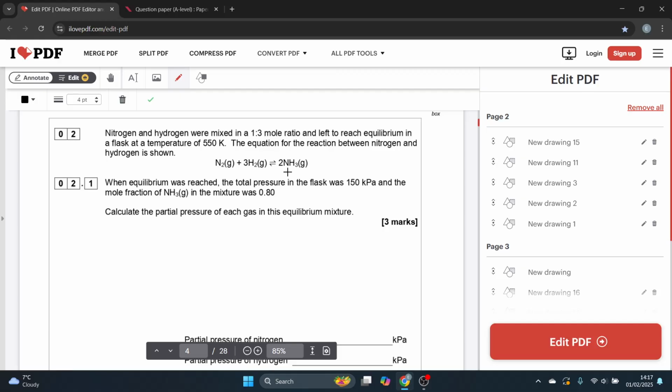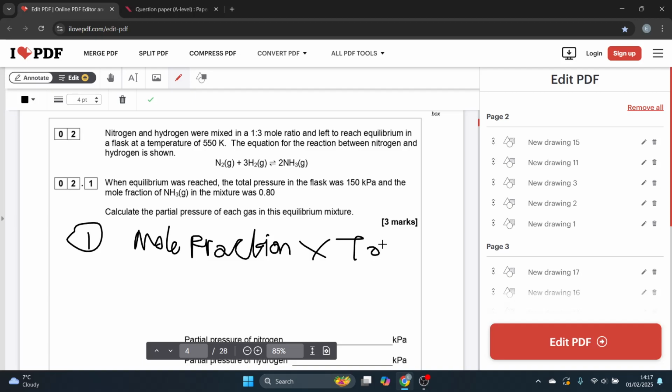Now, what I need to recall firstly, though you shouldn't just memorize this equation, is that the partial pressure is the mole fraction times the total pressure. So what I can do is firstly find the partial pressure for ammonia.